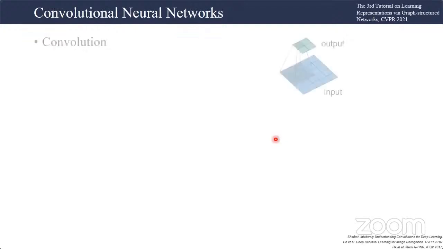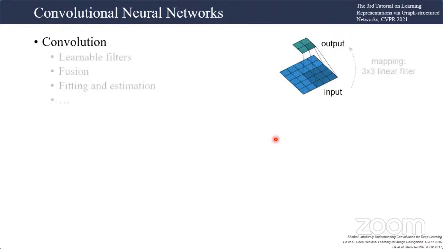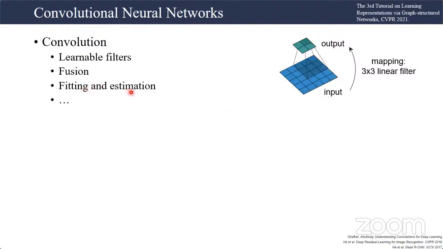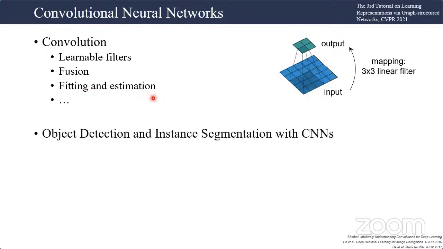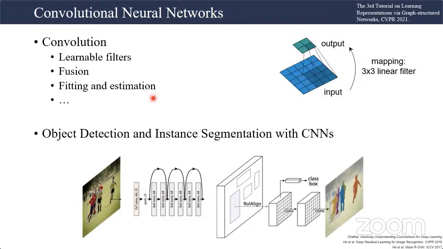We probably don't need to say too much about convolutional neural networks that have been widely adopted in our field. They have a lot of desirable attributes for computer vision tasks, including learnable features, fusion, fitting, estimation, etc. For object detection and instance segmentation, with CNNs, a standard pipeline such as Fast R-CNN can be viewed as consisting of two basic modules, an encoder and a decoder.